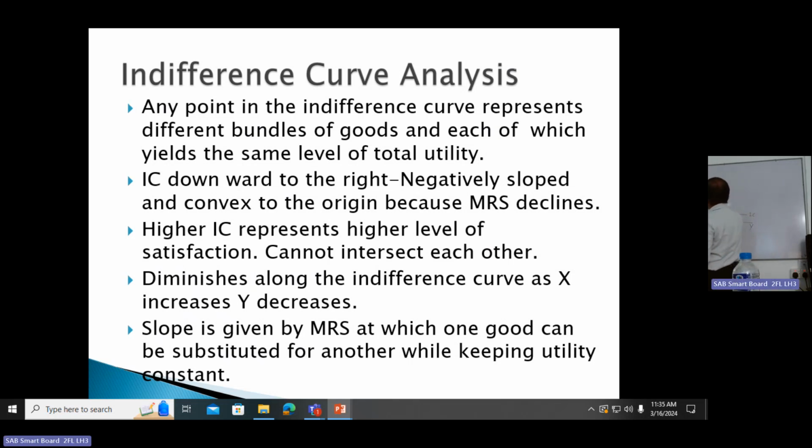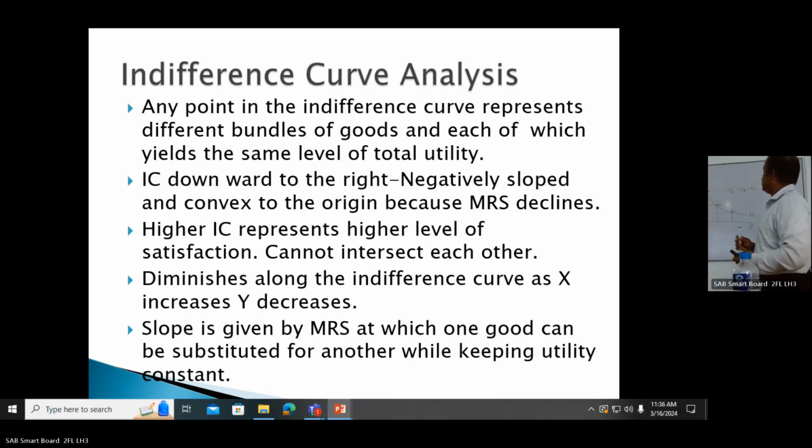Like this, utility A, utility B, utility C. What is the important point here? At each point, utility A equals utility B equals utility C, the same level of satisfaction.